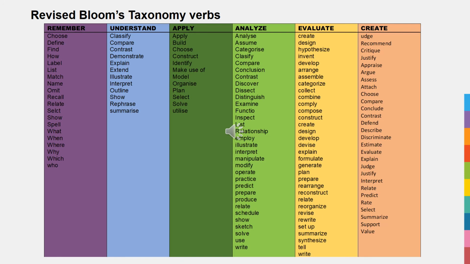If I can think of a simple question, where will you find more information about marketing South Africa, or name the website that South African Tourism use to market South Africa as a tourist destination. So plain and simple, remember questions.